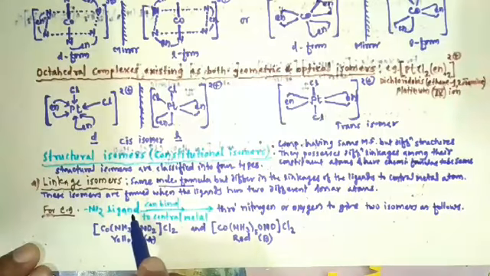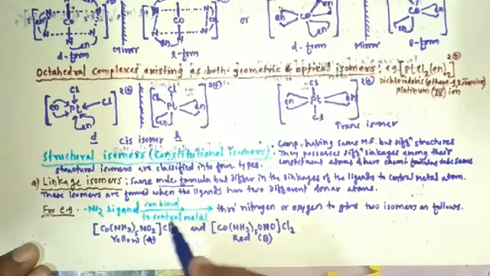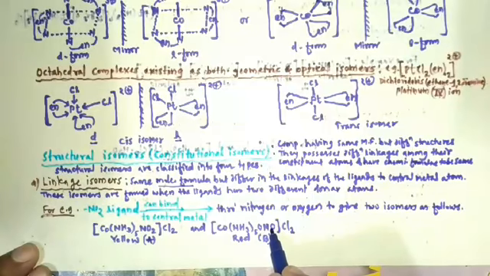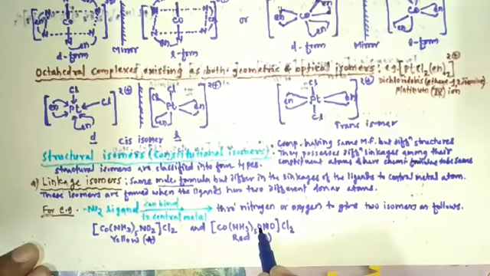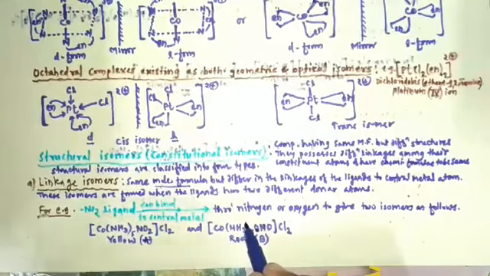Here the NO2 ligand is bound to the central metal, that is cobalt, through the nitrogen. And in the second complex, which is red in color, that is complex B, the NO2 ligand is bound to the central metal, that is Co, through the oxygen. Here through the nitrogen and here through the oxygen. Therefore, these two are linkage isomers.